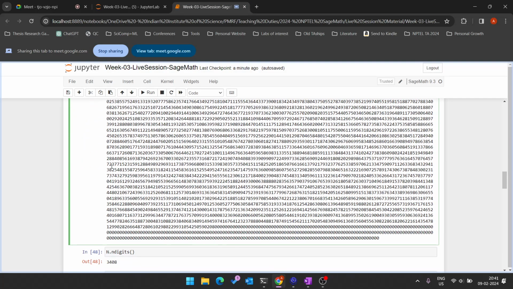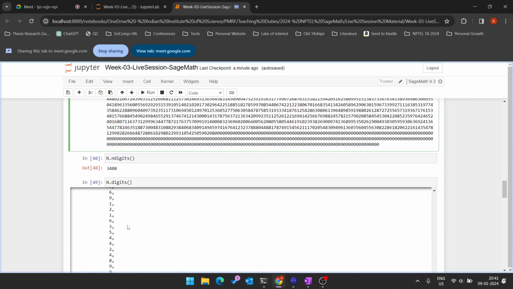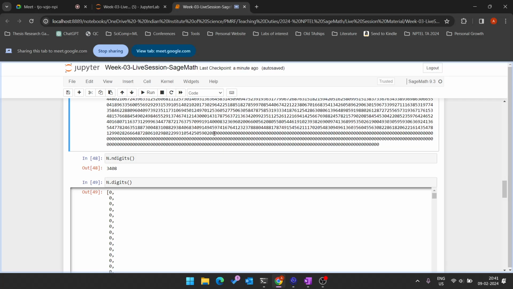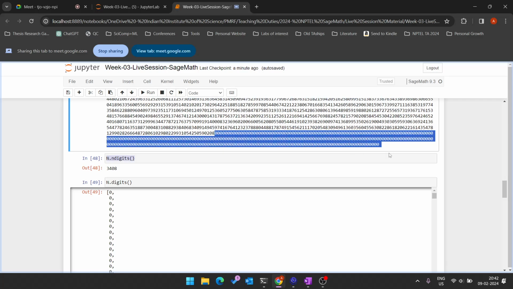Now I know what my n digits array looks like. The array that we obtain from doing n dot digits starts from the unit place, right? So the first time we get a non-zero number, say it is 8, those many trailing zeros we have.